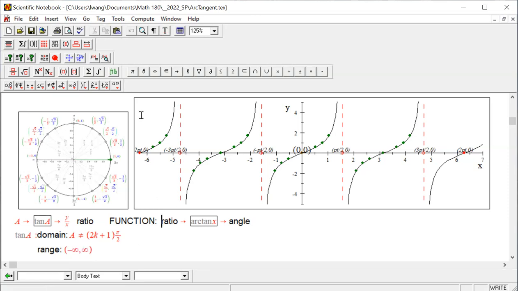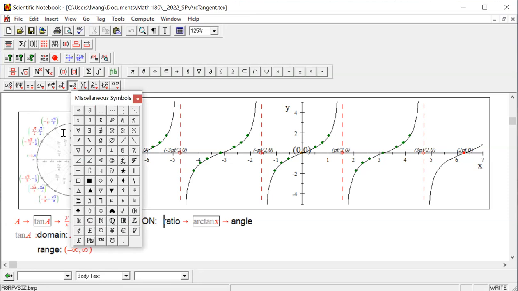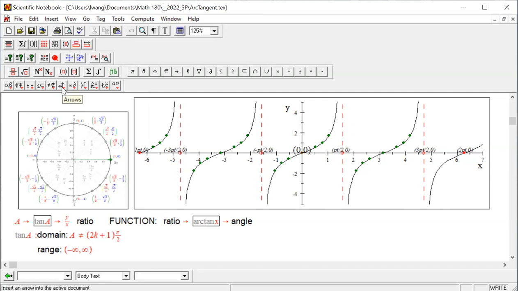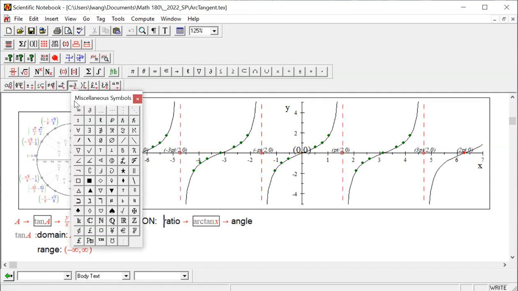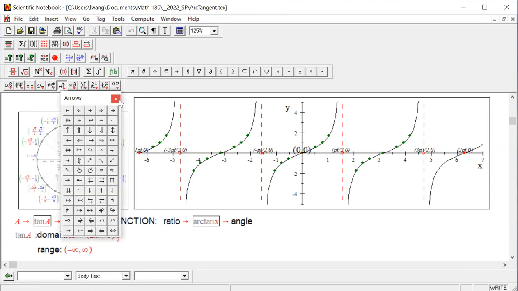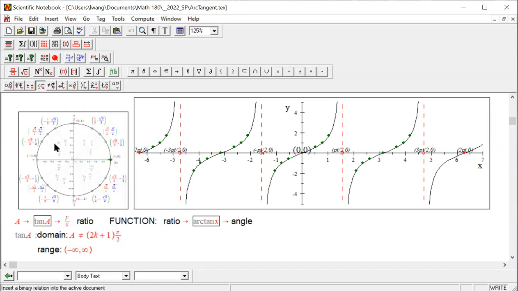We want to keep the ratio, it's going to be all real numbers. Let me find that symbol. It should be here. No, not there either. My bad, here, found it. So the domain is going to be all real numbers for the ratio.